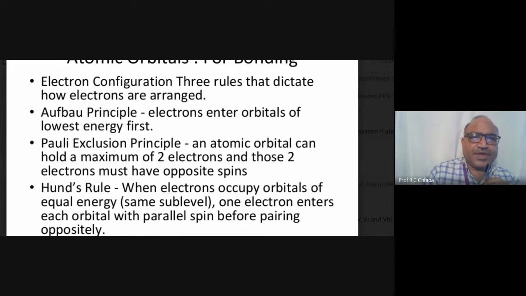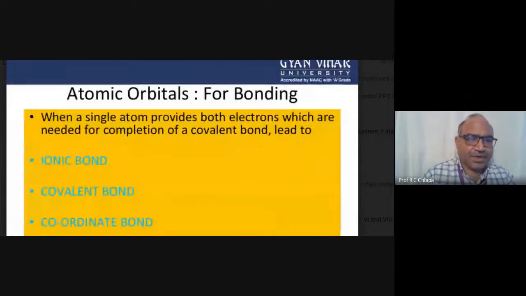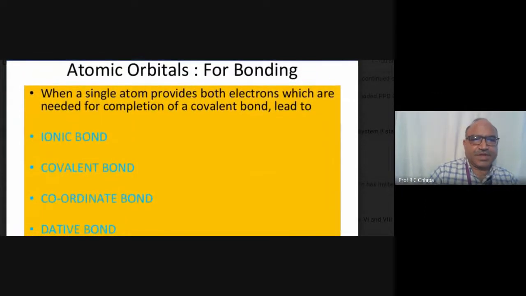So Hund's rule, the Pauli exclusion principle, and the Aufbau principle tell how electrons are built up. Px, py, and pz atomic orbitals show how electrons are filled in different atomic orbitals.